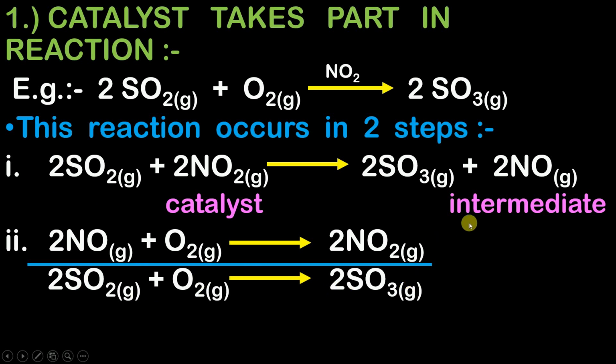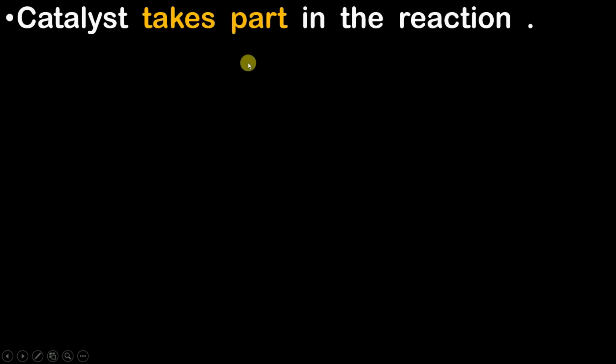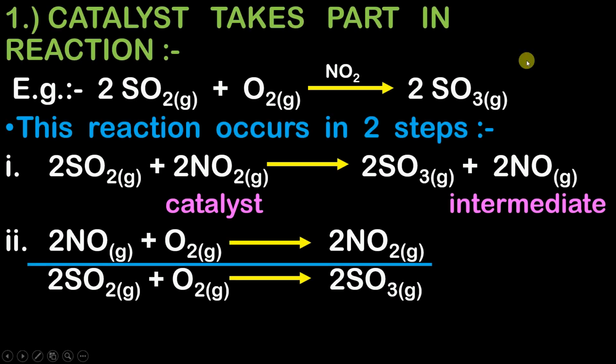Now let us understand the points that are important in this example. The first point is that catalyst takes part in the reaction. As you can see over here, the catalyst has got consumed in the first step, and in the second step it has got regenerated.